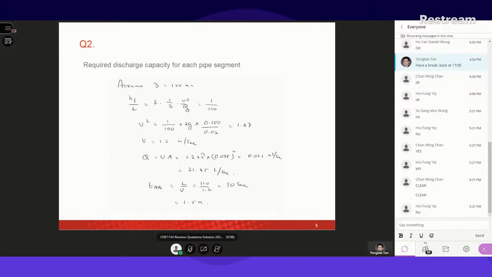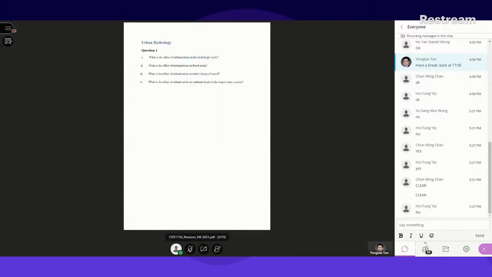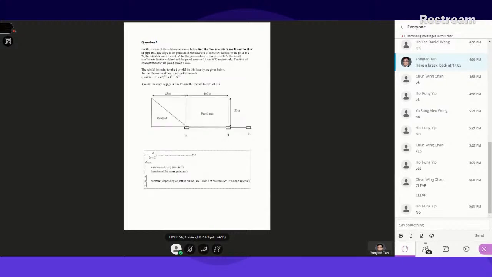Okay, good. Next, we have a look at another question, question 3. In question 3, there are two subcatchments, parkland and paved area.